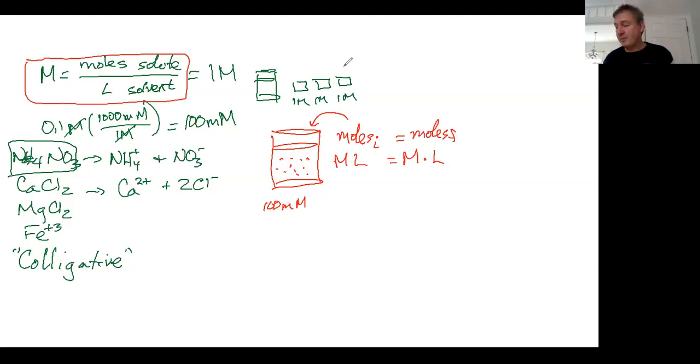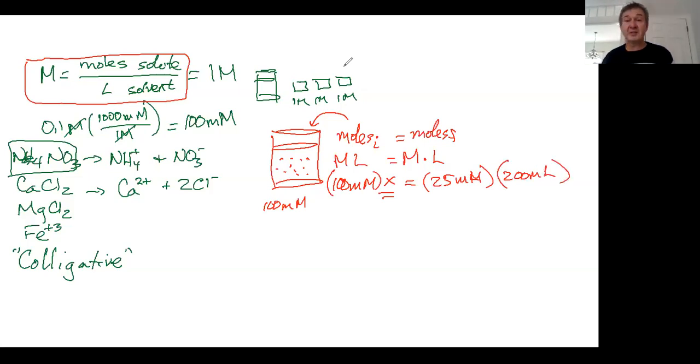So let's say we're going to make 25 millimolar solution from this 100 millimolar solution. Well, we know that the initial concentration was 100 millimolar. Sorry about my handwriting. We want to know how much volume of that 100 millimolar we need if we're going to make 25 millimolar, and arbitrarily, let's say we want to make 200 mils of that.